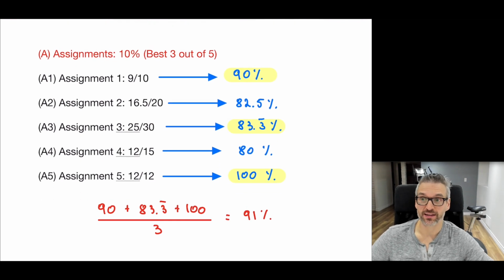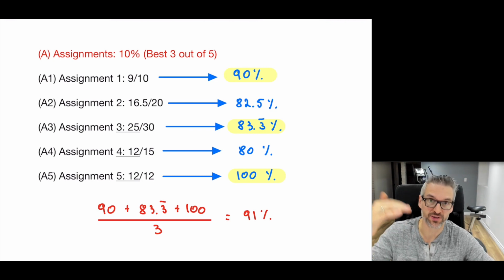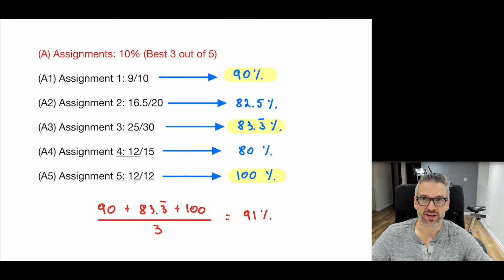Now, we can do this in Brightspace or in any management system for grades, but every single time we would have to calculate this through and then input the grade in. If you have 10, 20, 30 or more students, it becomes pretty chaotic to do that.